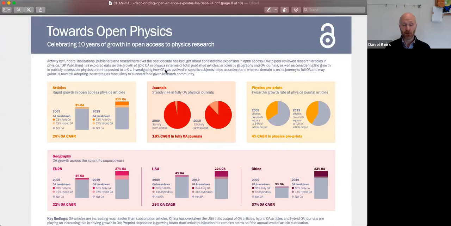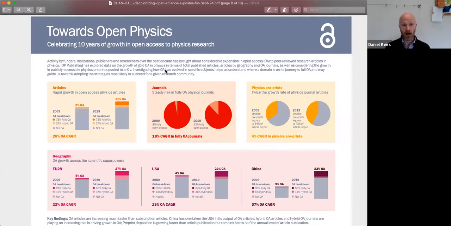Now, when we look more closely at these numbers, we found that if the same growth trend were to be maintained, then theoretically, physics could become fully gold open access by around 2025, 2026. But to maintain this kind of historic growth would require lots more progress on the known challenges around global funding and academic incentives for open publishing, and also no doubt a degree of pragmatism around routes to achieving open access.